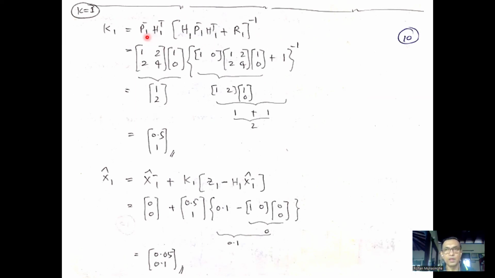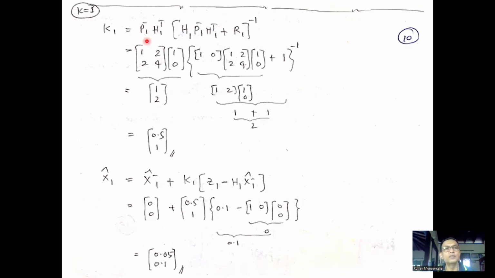That is the predicted error covariance at k equals 1, present moment, and also the output vector transpose, and within bracket H1 P1 predicted H1 transpose plus R1, all inverse. Okay, this is the Kalman gain that will have zero mean and minimum variance estimate.